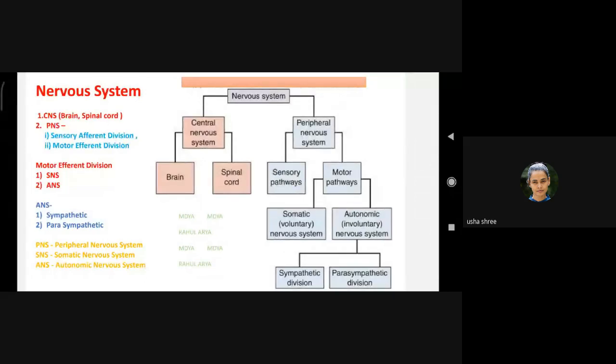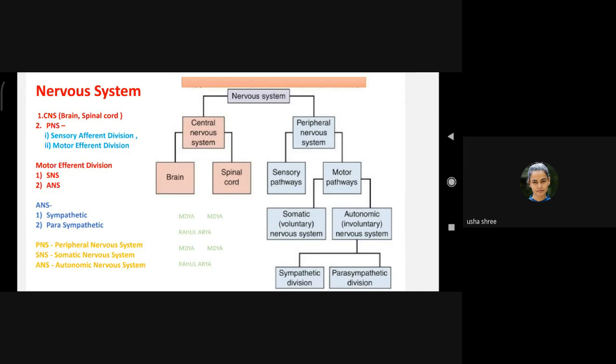For example, in the autonomic nervous system, when we need more glucose in our body, the glycogen stored in the liver is automatically converted into glucose. That is under our autonomic nervous system.